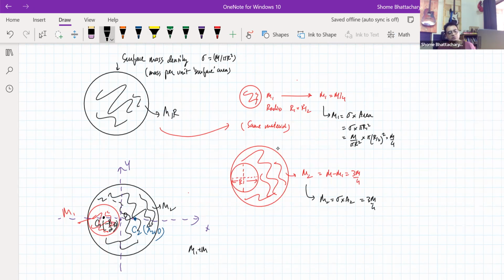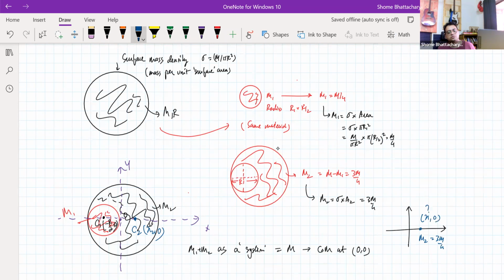So M1 plus M2 as a system is equal to M, and it has center of mass at 0 comma 0. Replace the disk with the hole with the equivalent mass M2, which is 3m by 4, but at some x comma 0, a value we don't know.